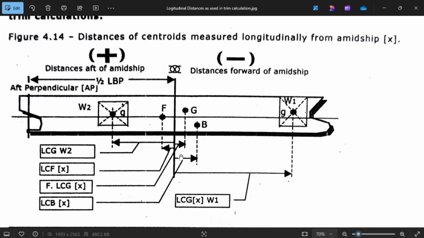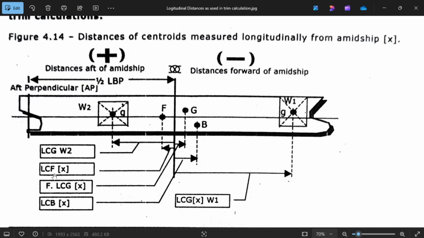It should be positive because you have a positive sign here, which is forward of your midship or reference point. Now we go back here.